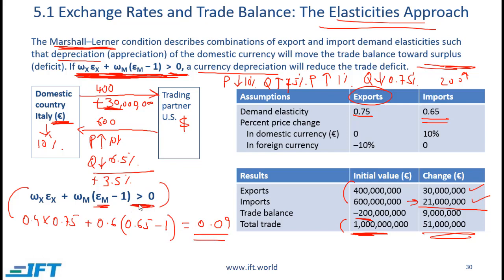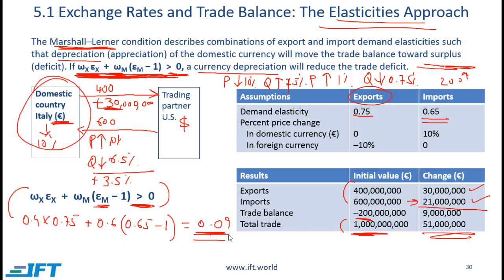So the Marshall-Lerner condition does hold, and since this condition does hold, we have a reduction in the trade deficit because the currency went down in value.